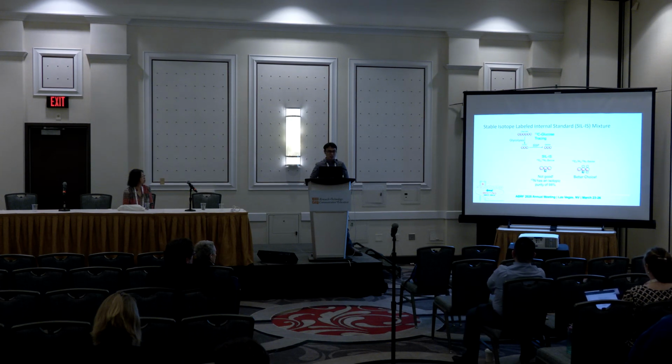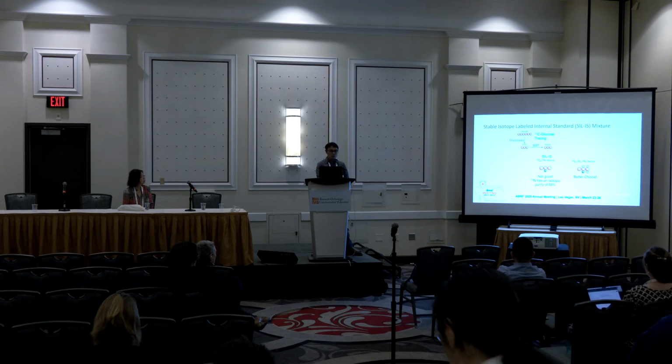Now, the problem with the first internal standard we came up with was that, number one, this was nitrogen labeled, so on the mass spec level, you can totally resolve the de novo synthesized serine, which is carbon-13 labeled, and this internal standard.